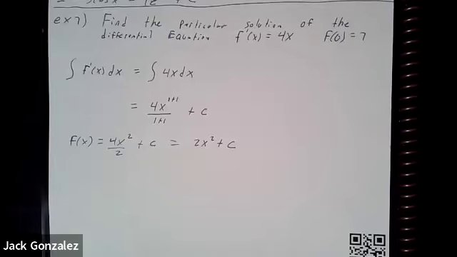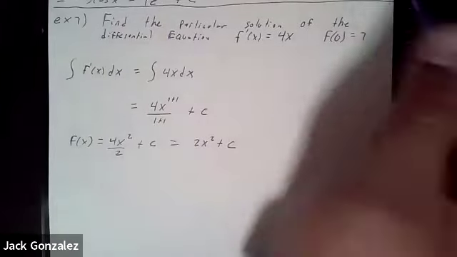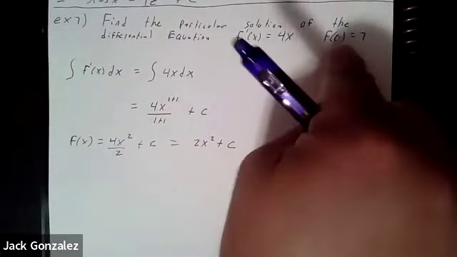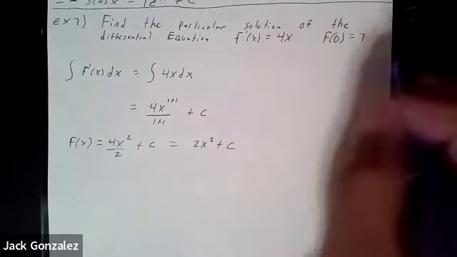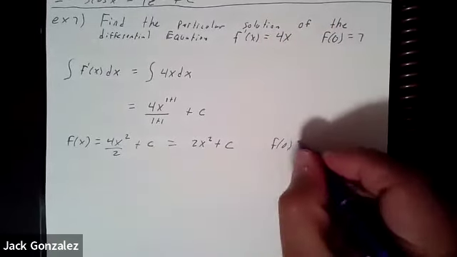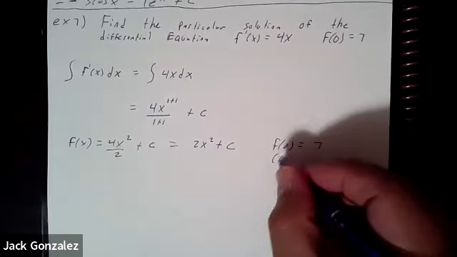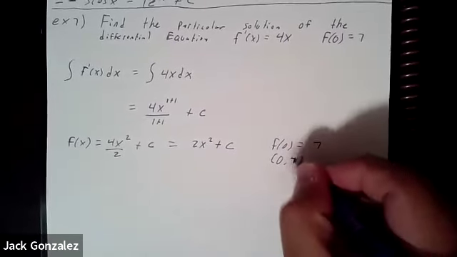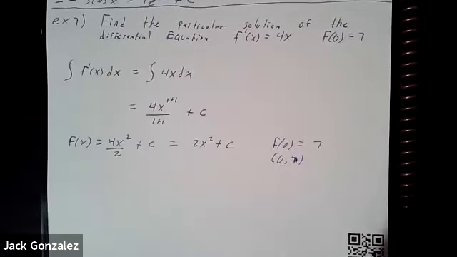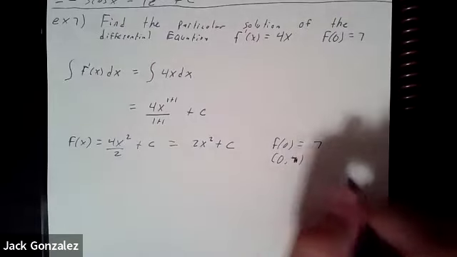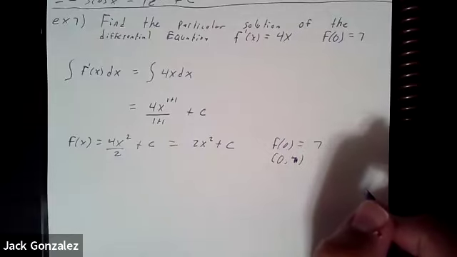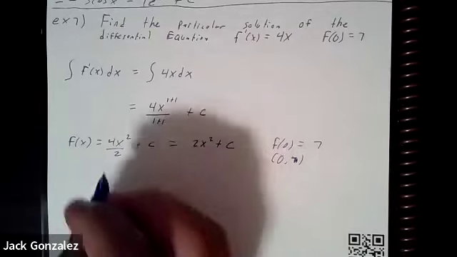Okay. 2x squared plus c is your f. So use this point. So remember, f of 0 equal to 7 is the same as saying 0 comma 7, right? Y'all remember your college algebra? It's basic function stuff. So just plug it in.